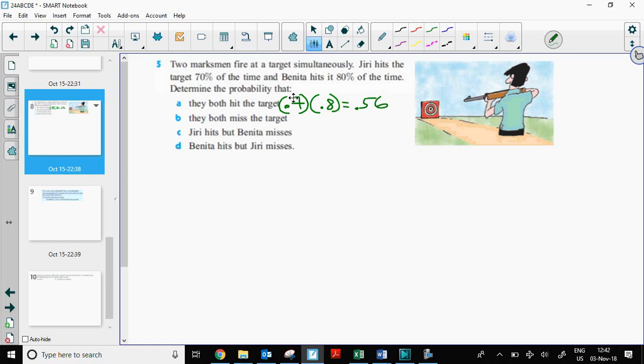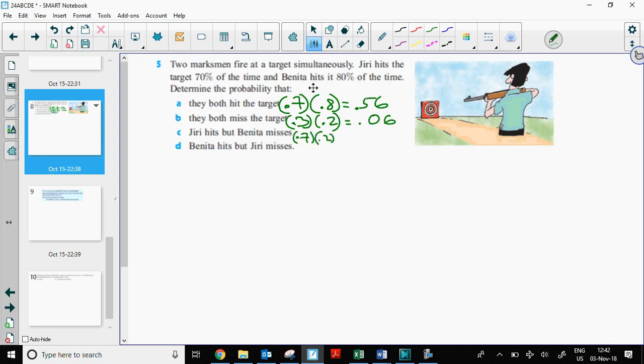For them to both miss, we know that Jiri is going to miss 30%. Benita is going to miss 20%, just subtracting each of those hit percentages from 1. Multiplying those two together, we're going to get 0.06. So 6% of the time, they'll both miss. For Jiri to hit, but Benita misses, that's going to be 0.7 by 0.2.